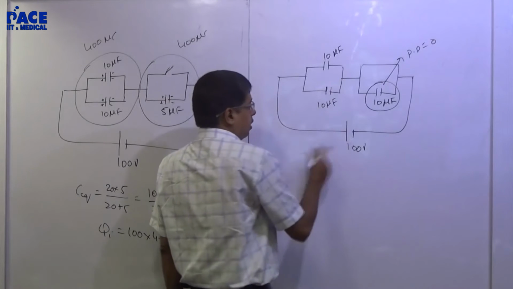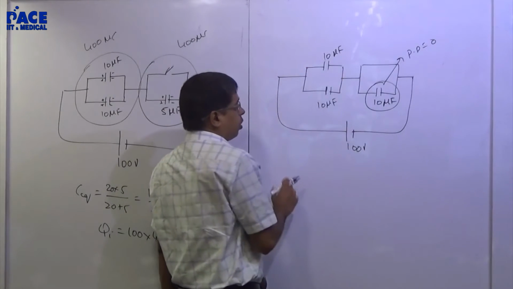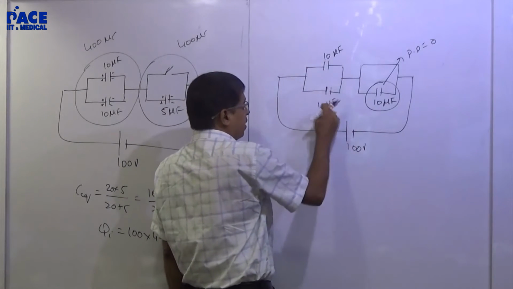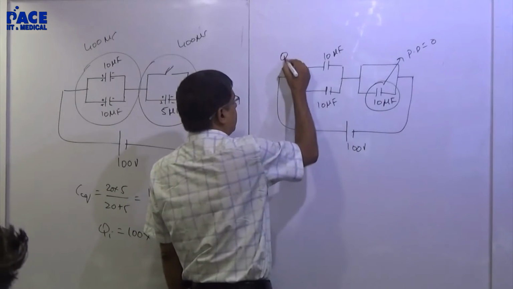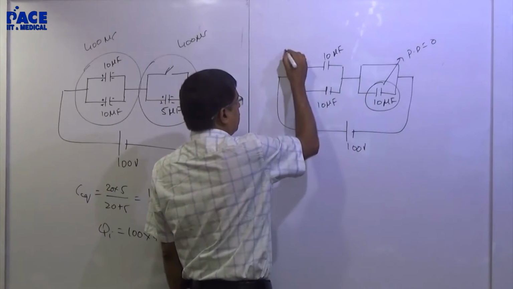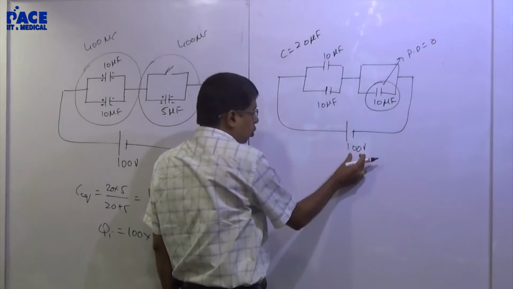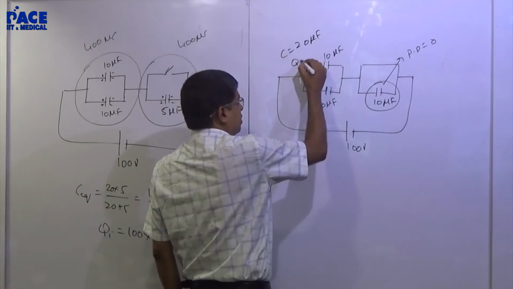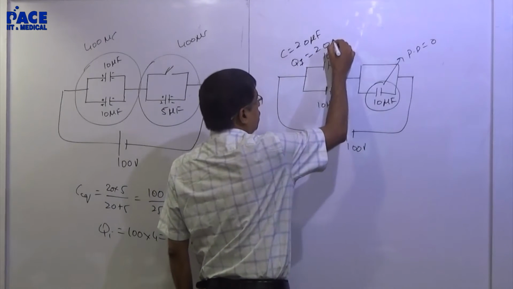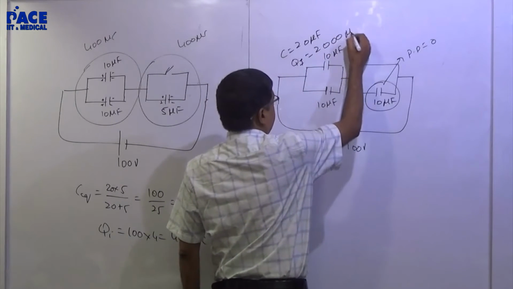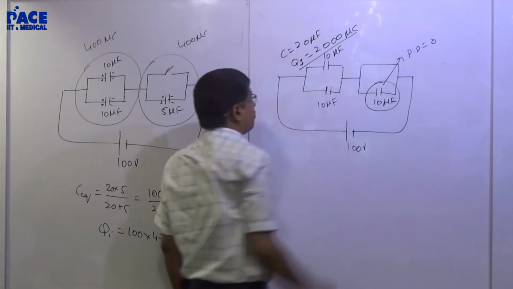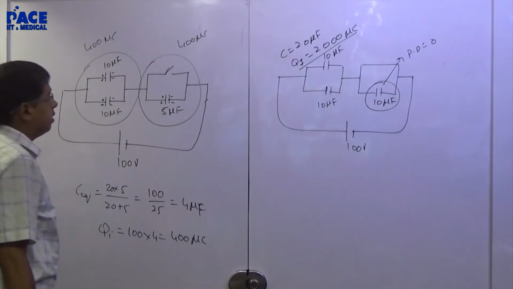Now the whole of the 100 will appear across this. 10 plus 10 is 20, so C will be 20 microfarads. Hence the whole of the 100 volts appears across this. Q final is 2000 microcoulombs of charge. Am I right?